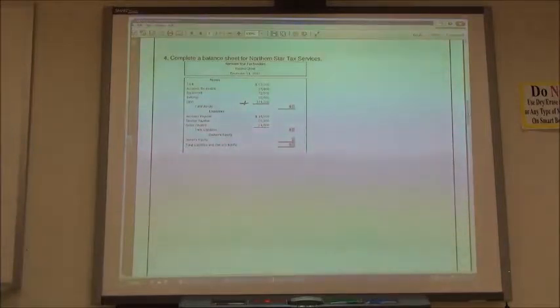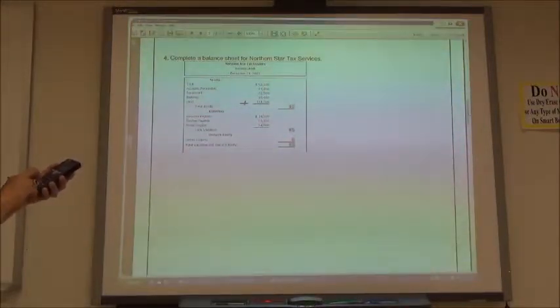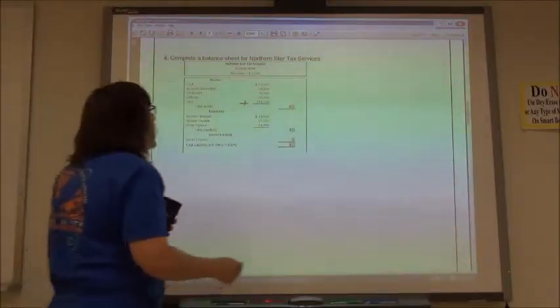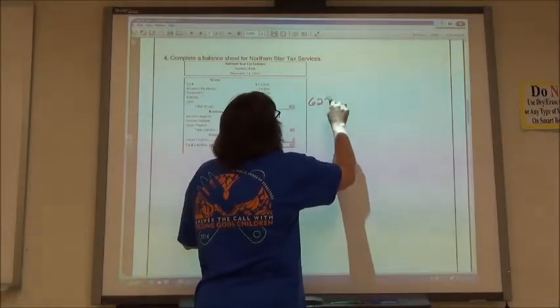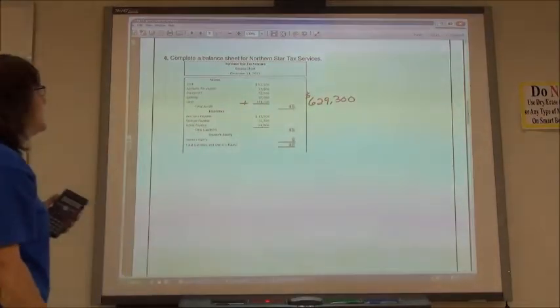And look over here. $98,600 is what that says. $98,600 plus $371,200. So the total of all of my assets would be $629,300. $629,300 is what I get when I total up all my assets.